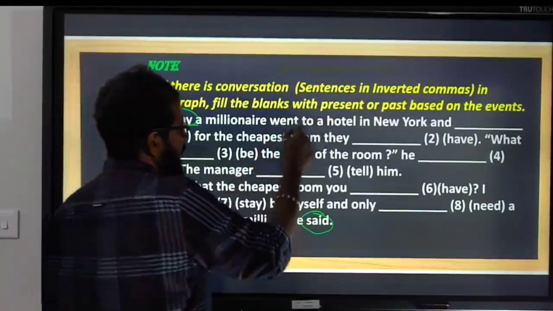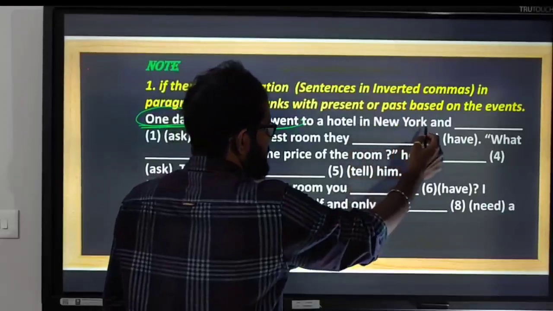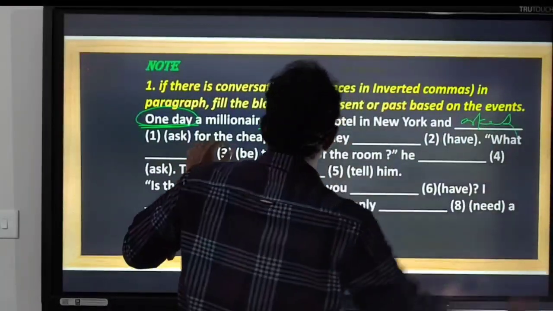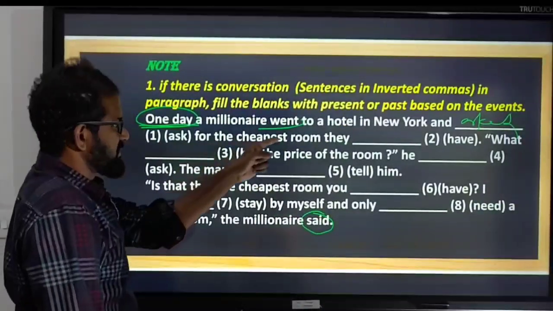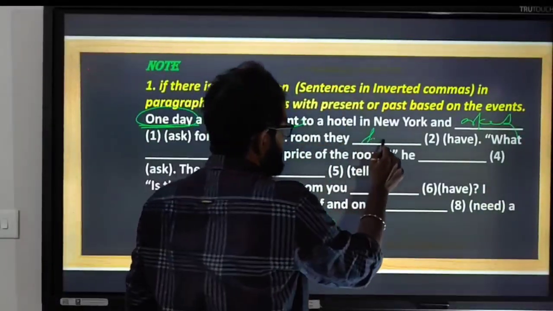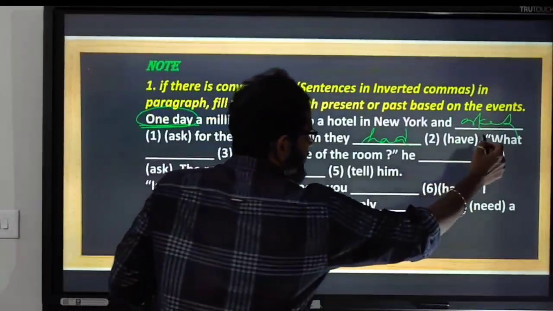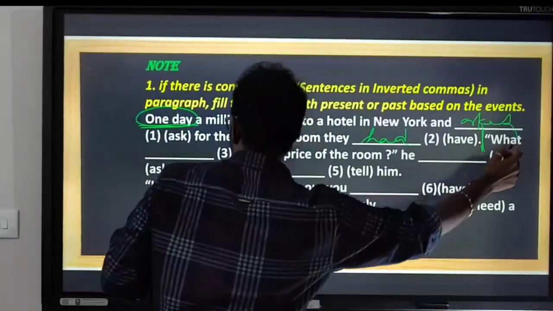One day a millionaire went, and is a past tense, a hotel in New York and asked for the cheapest room they had. Past tense. See here, conversation began. What?